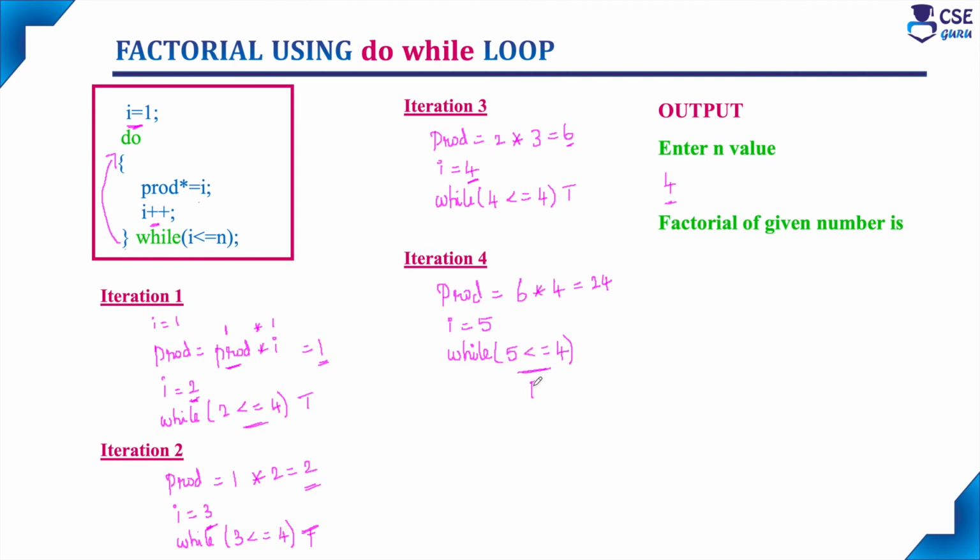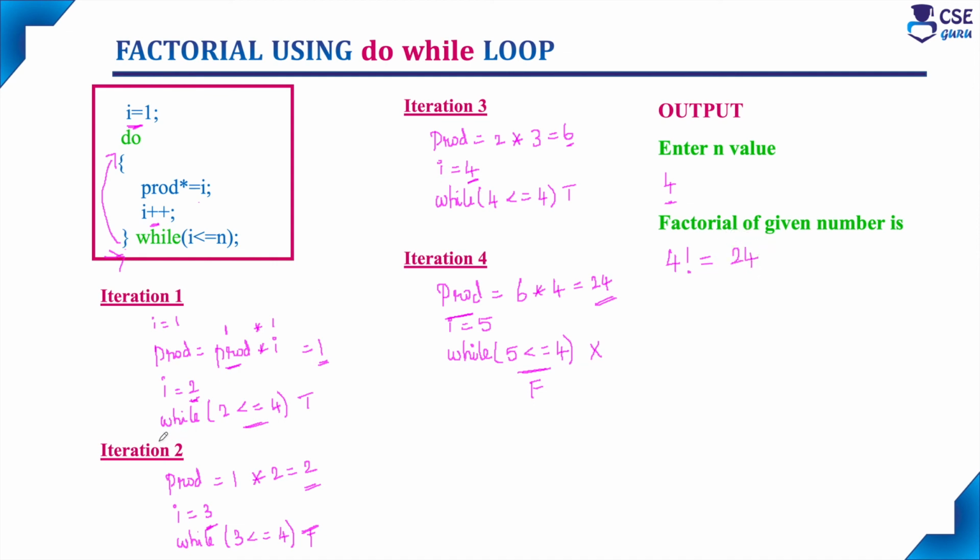Condition fails here. So, loop will terminate here. Then, control will transfer to the next statement in the C code. Next statement is the printf statement that will print n factorial. That is 4 factorial is equal to what is the value stored within this product. It will print. That is 20.